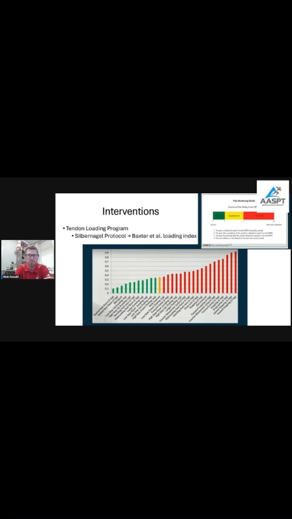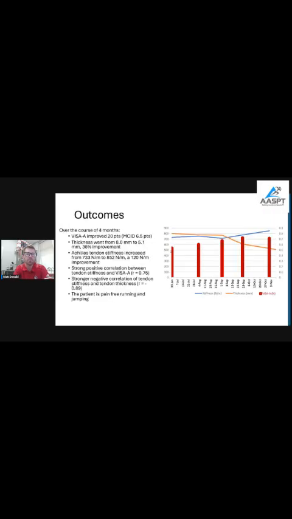We used the pain monitoring scale. I used green as being 0 to 3, actually, versus the 2 that's in this picture. But regardless, I really reinforced to my patient that we need to load this tendon intentionally, and this is how we're going to do it. And we had great guidance from past researchers to guide us there.